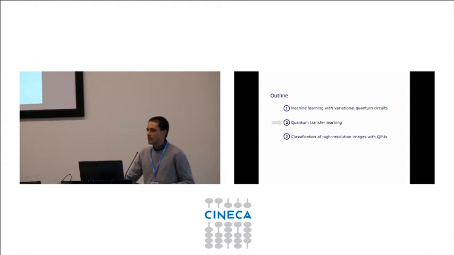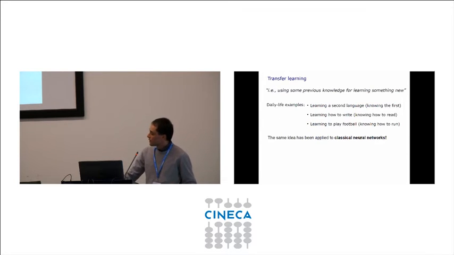But now let me go to the main idea of this talk, which is related to the concept of transfer learning. It is something well known in classical machine learning, but it's actually an idea which was born before machine learning.